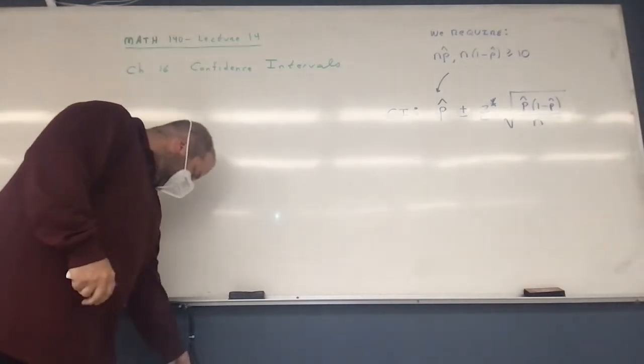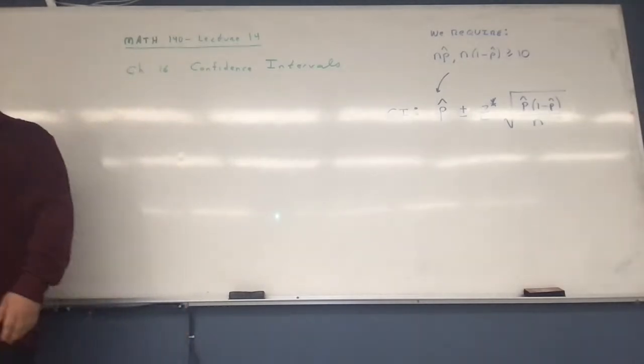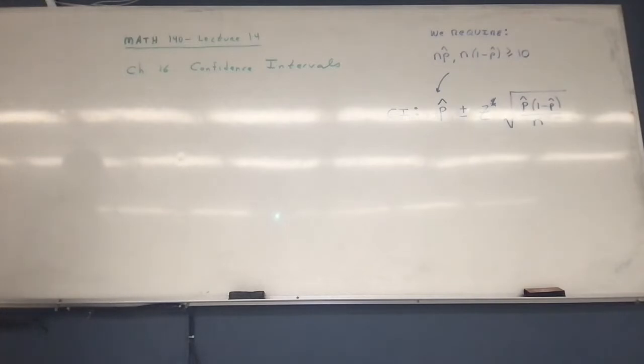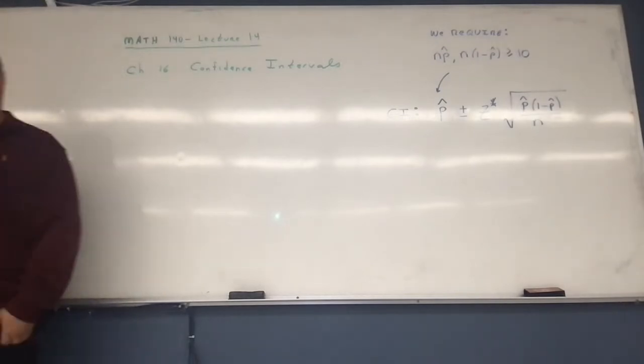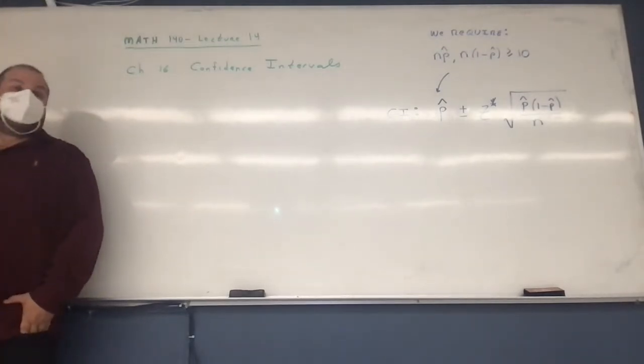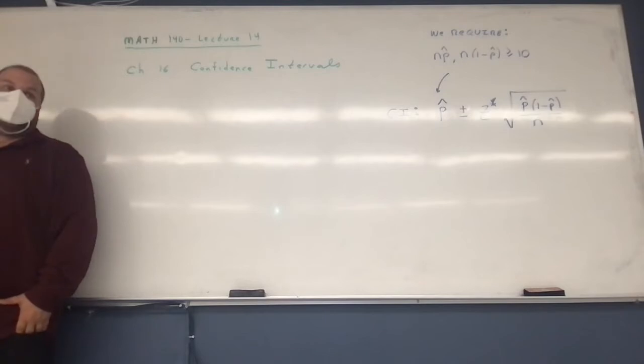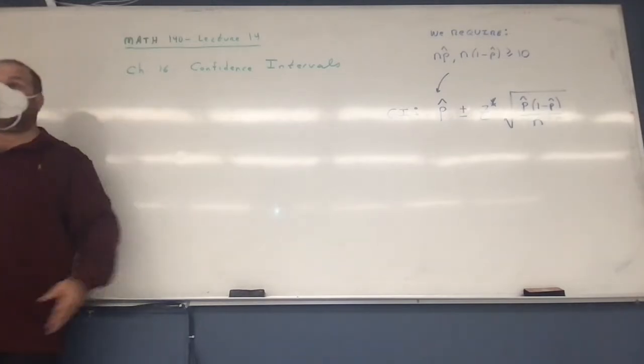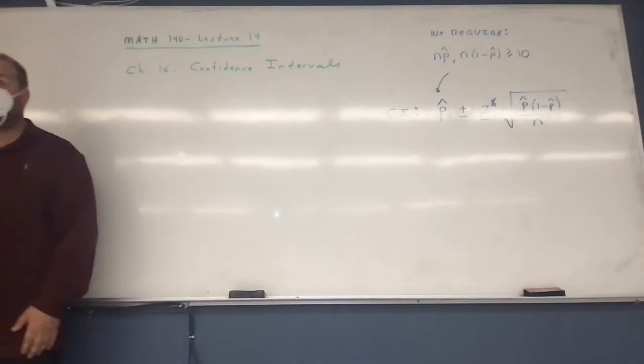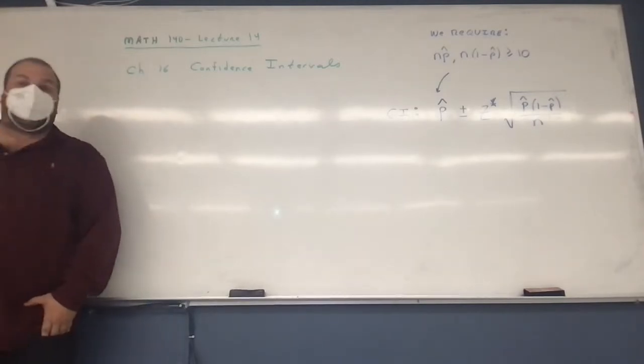And the question is, what is Z star? First, Z star is not one number, because if it was, I would just write down that number and I wouldn't have to write Z star.